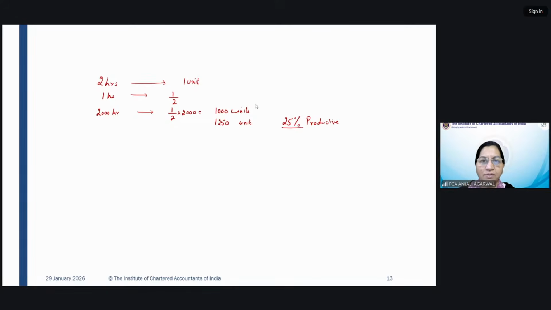So the management was able to achieve the incentive objective of 25% productivity. Now we see whether the worker is under the Halsey plan or under the Rowan plan. So if he is under the Halsey plan, he will be paid for 2000 hours, which is what he has worked.